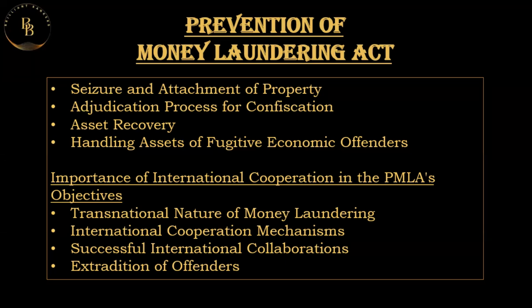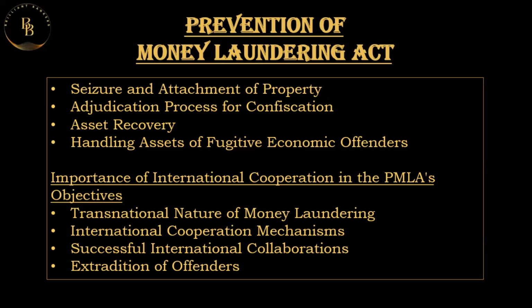Extradition is also a very important key aspect of international cooperation. The law allows for the extradition of individuals involved in money laundering who flee to foreign countries to escape prosecution.